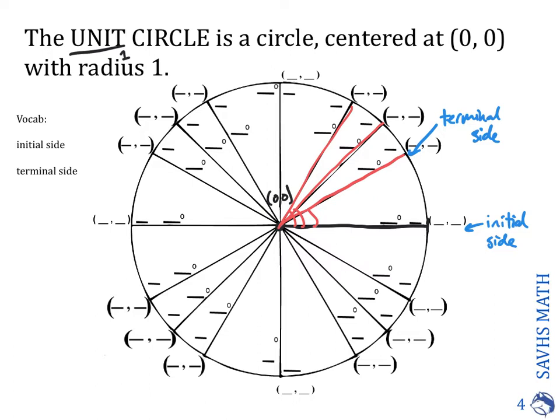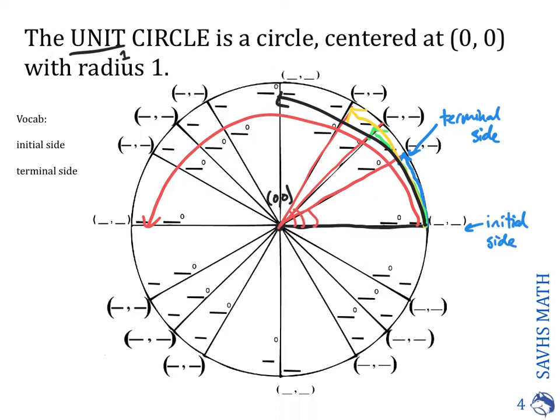So if we think about what an angle looks like, we can start here and go 30 degrees to get to this spot. We can start here and go to 45 to get here. We can start here and go 60 or go 90 or go 180, etc. So the whole point here is we are going from the initial side at all angle measures.